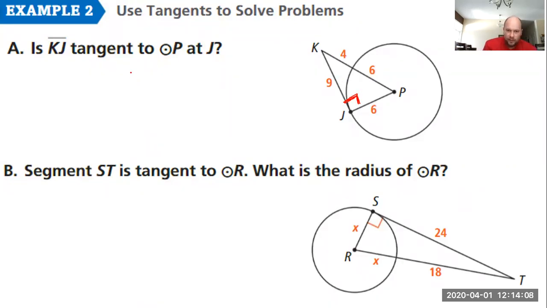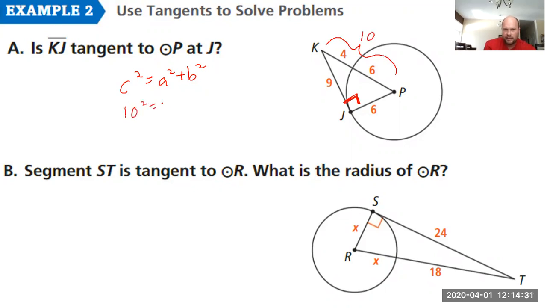So if we use the Pythagorean theorem, c squared equals a squared plus b squared, then this entire line from 4 and 6 together is going to be one side. That's going to be our hypotenuse, so that's our c value.